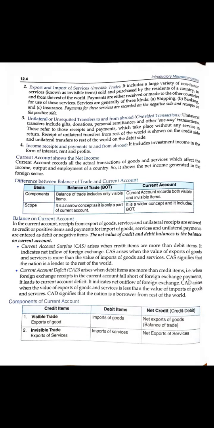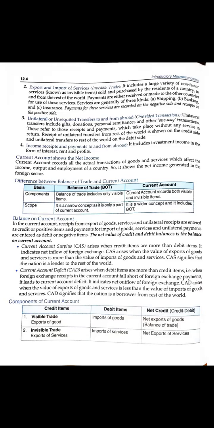Yes, sir. The people actually are Indians. We can find them in various parts of the world. So they will work and they will earn. They will transfer that money to us, right? So it includes investment income in the form of interest, rent, and profit.